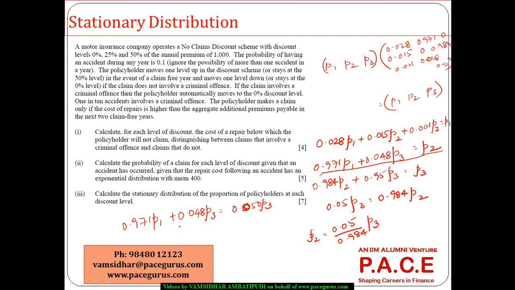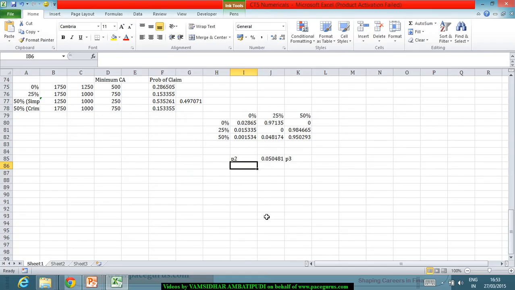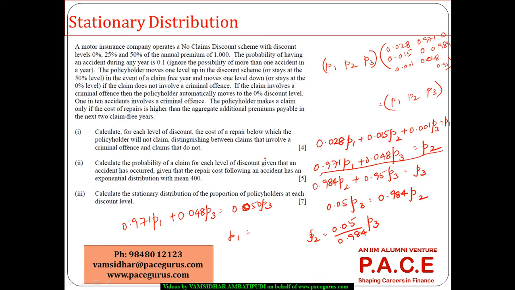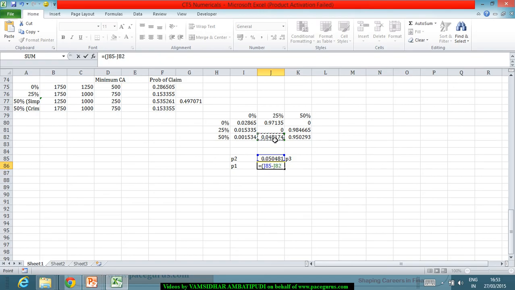So here again I am getting my P1 also, divided by 0.971. So my P1 comes out as 0.050 minus 0.048 divided by 0.971, so this much times P3. So this is for P1.